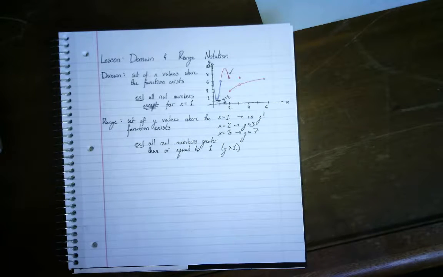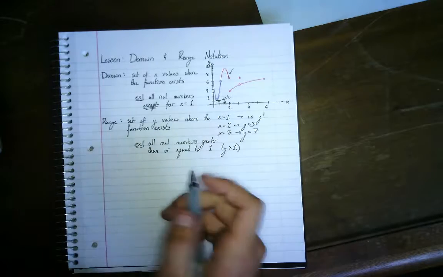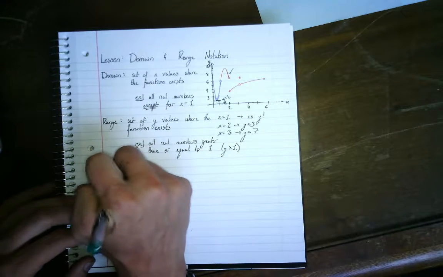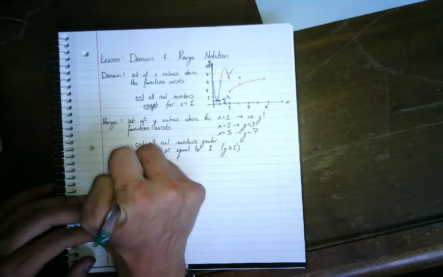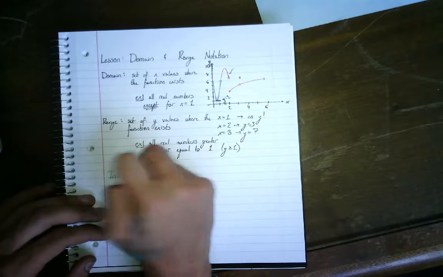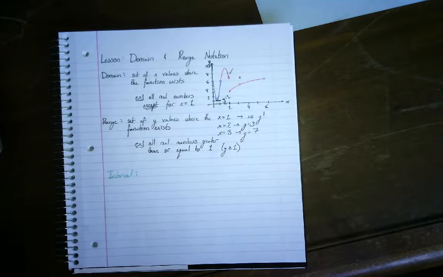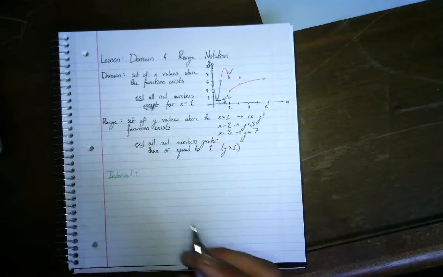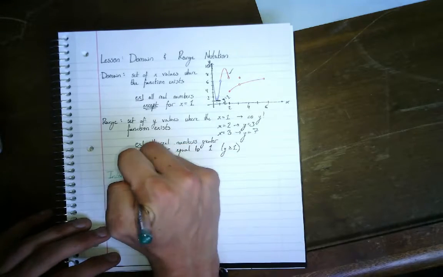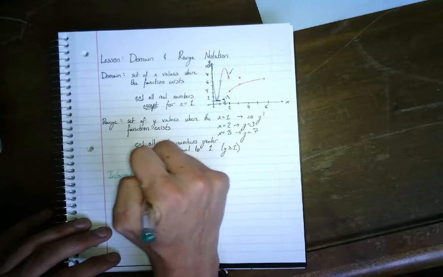Okay, so there's two different ways we can talk about this stuff, in either interval notation or set notation. I've done a little bit of interval notation, so I'm going to just quickly go over that. But the thing to realize is that these are just two different ways of talking about the same exact thing. So in interval notation, we can fully spell it out.